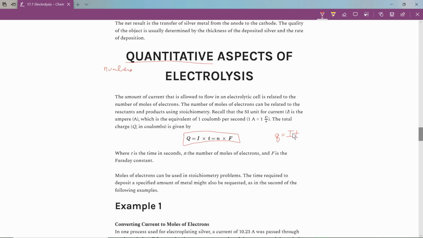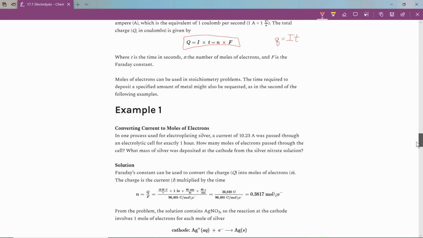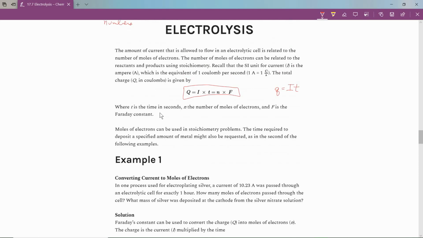T is the time in seconds, n is the number of moles of electrons, F is Faraday's constant, which is around 96,485 coulombs per mole of electron.